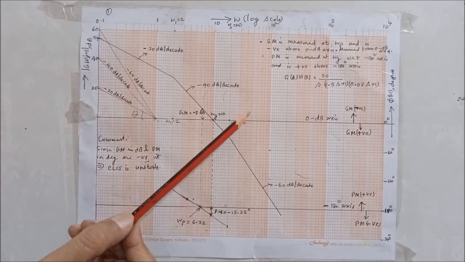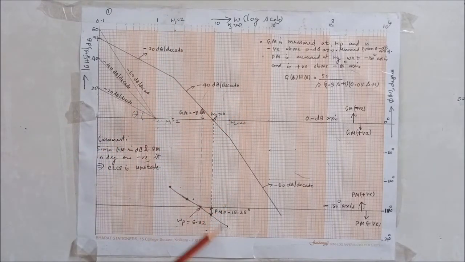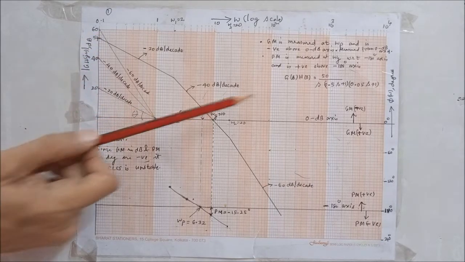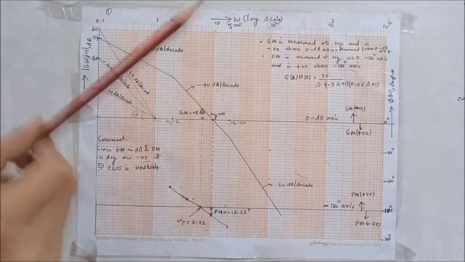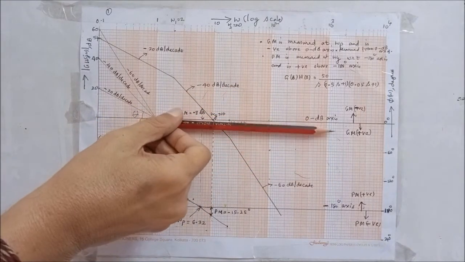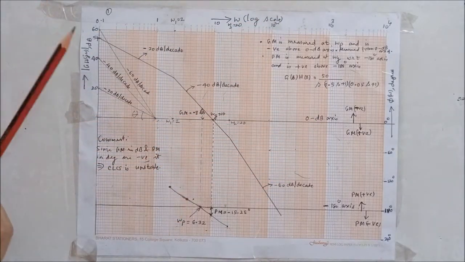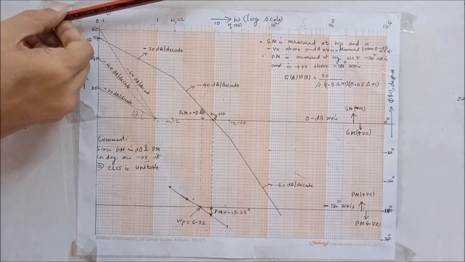Correct? Each division for measuring gain margin is 2 dB. Each division for measuring phase margin is 6 degrees. Please note, magnitude is positive above the 0 dB axis, below the 0 dB axis it is negative. So if 54 dB is the magnitude, it is positive, therefore it is taken above the 0 dB axis.